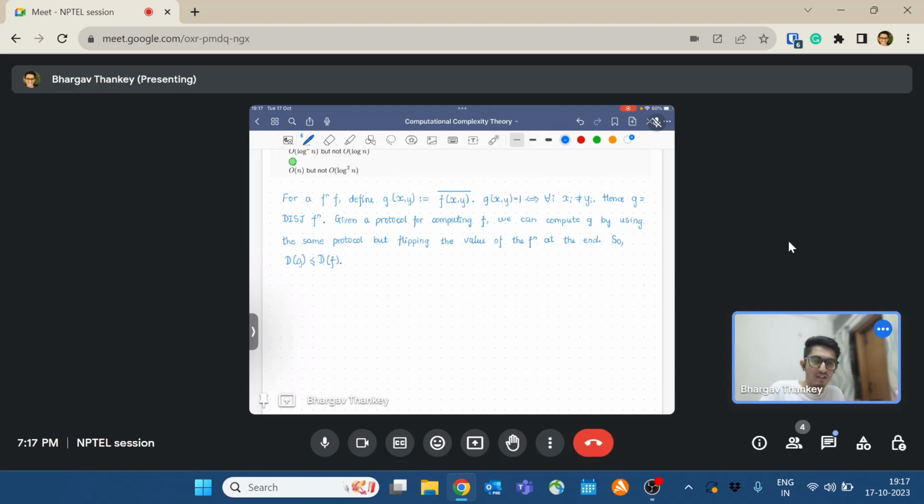G is a complement of F, so F is a complement of G, and the same thing also holds for F. So using the same argument, D(G) is equal to omega n, and so D(F) is also omega n. So it's O(n) but not O(log^2 n).